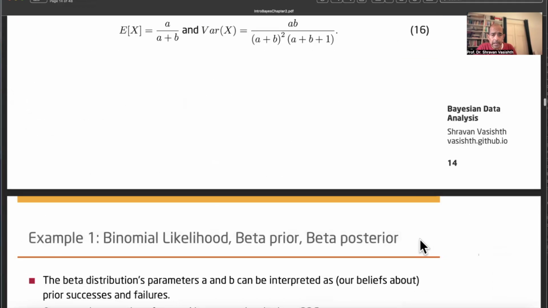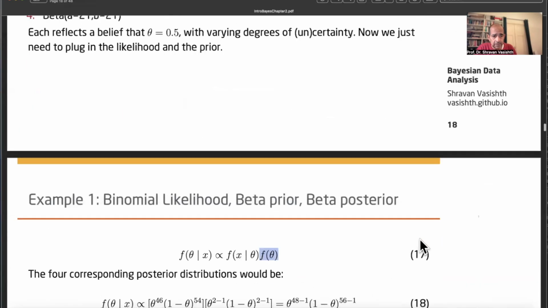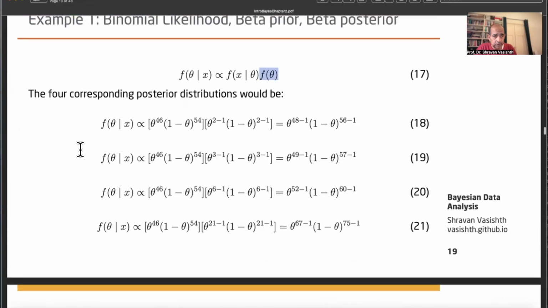So what I've just done is calculate the posterior distribution of theta given x under different priors, right? In this first line here, in equation 18, I'm using a and b equal to 1. In the second one, this is my second prior that I've tried out, I've got a and b equal to 3. Then I've got a and b equal to 6.